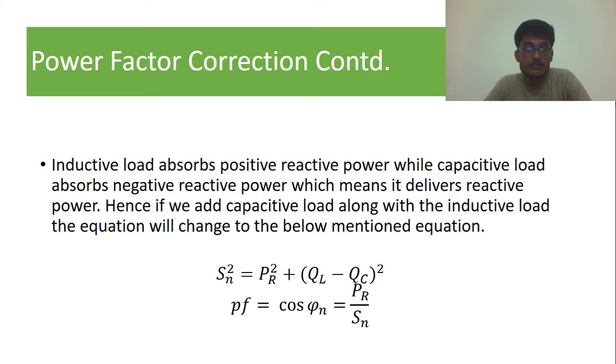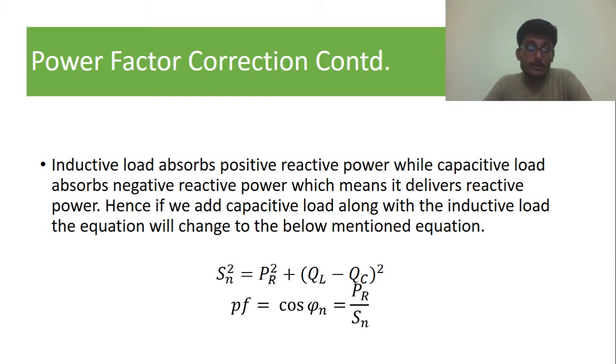Okay, there is no active power consumption, considering it to be a pure capacitive load. So this is PR square, the active power remains the same, and what happens to the reactive power? This becomes QL minus QC square.